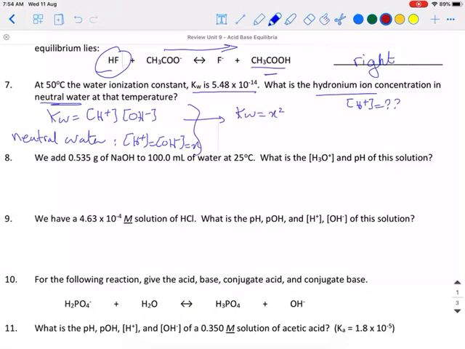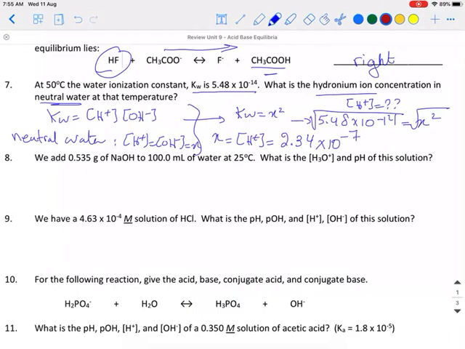I will assume H plus equals X. So Kw equals X squared, 5.48 times 10 negative 14 equals X squared. Take the square root of both sides to get the value of X, which is the value of the hydronium ion concentration, and it will be, up to 3 significant figures, 2.34 times 10 negative 7 molar.